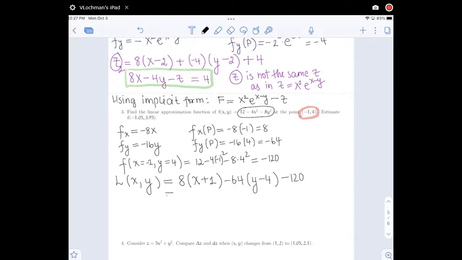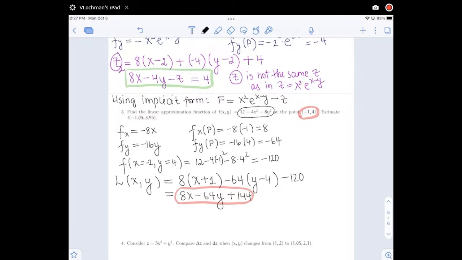Once I multiply this through, this is 8x minus 64y, and the constant that we will get here is plus 144.